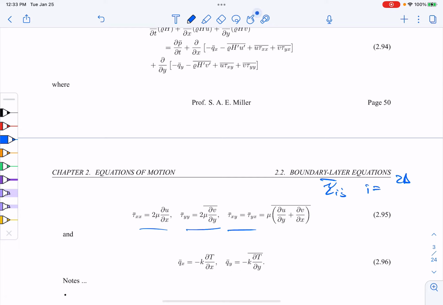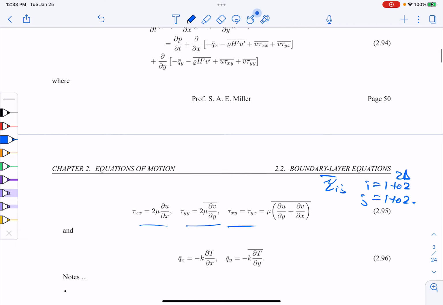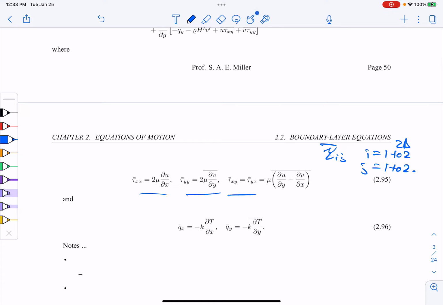And so this would be i equals 1 to 2, and j equals 1 to 2. Those are expanded out, and that's why we're just replacing 1 with x and 2 with y. So we only have 3 components of the stress tensor, right? So how many are there total? Well, there's 2 by 2, so there's 4 elements in that stress tensor. And since it's symmetric, I only have to write 3. And that's why I write tau xy equals tau yx. So that's greatly reduced the problem already just by going from 3 directions to 2.